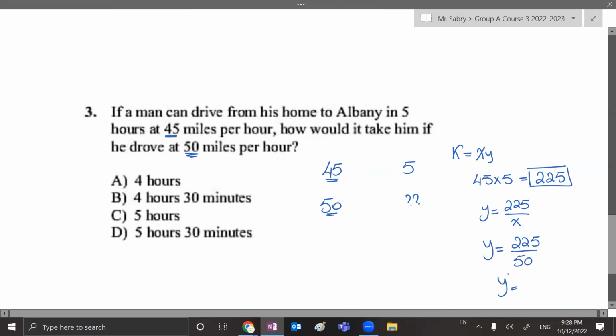On a calculator, 225 divided by 50 is 4.5, which means 4 hours and 30 minutes, because that's 4.5 hours. Does this make sense? Yes.